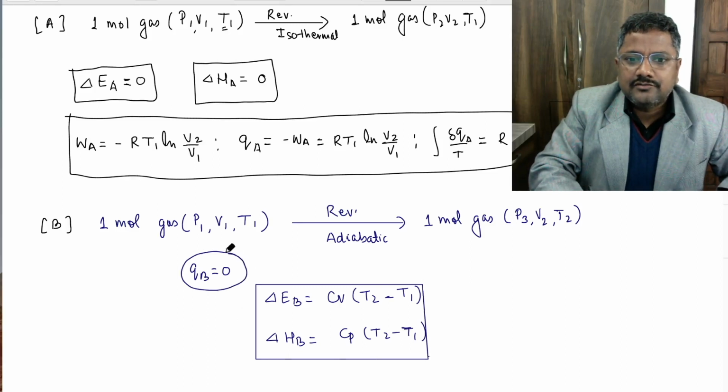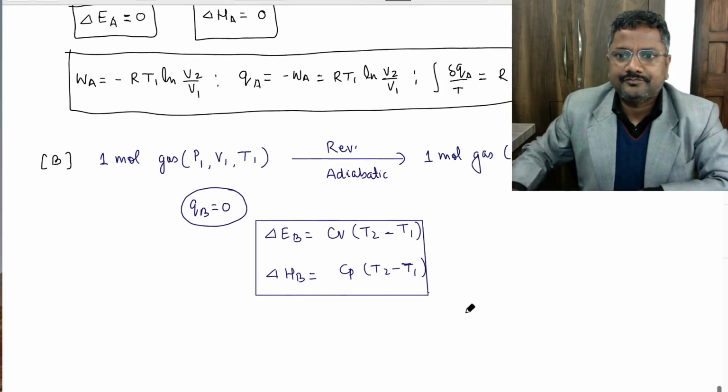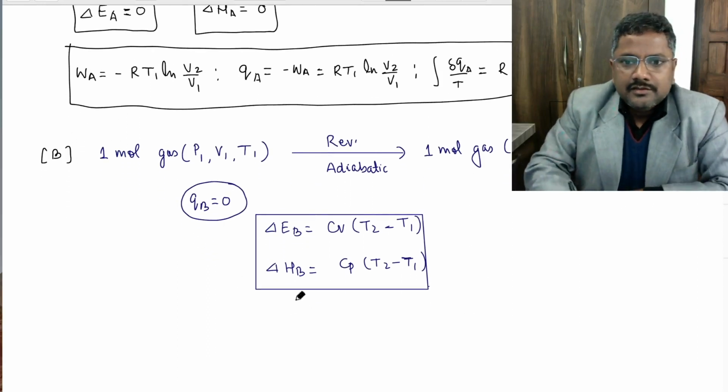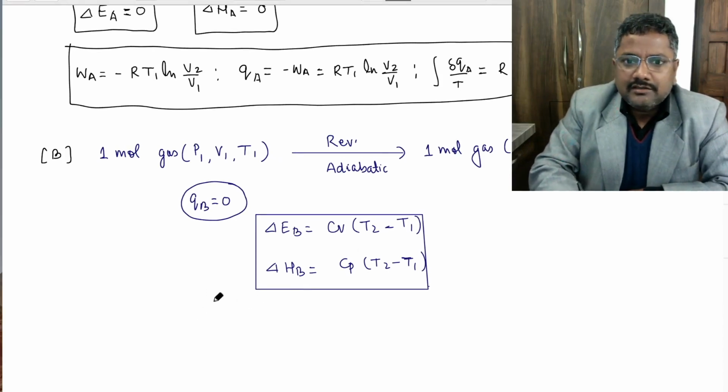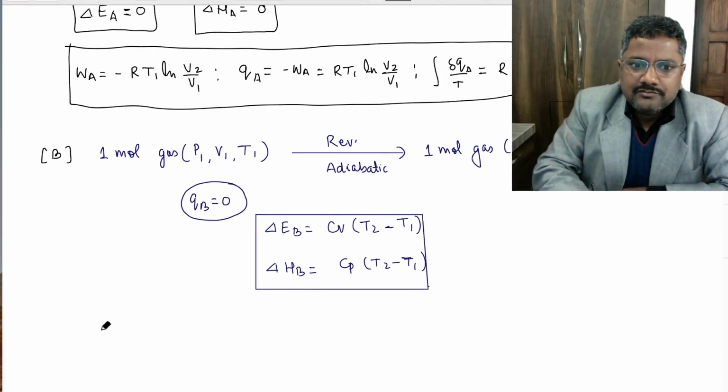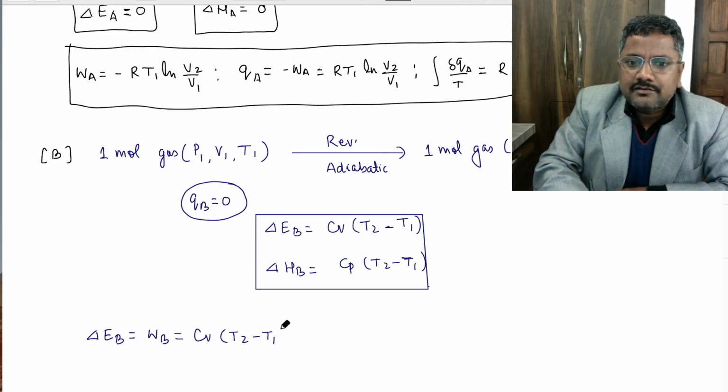QB is equal to 0. Now the first law we can apply. So WB is equal to delta EB, which is equal to CV (T2 minus T1).